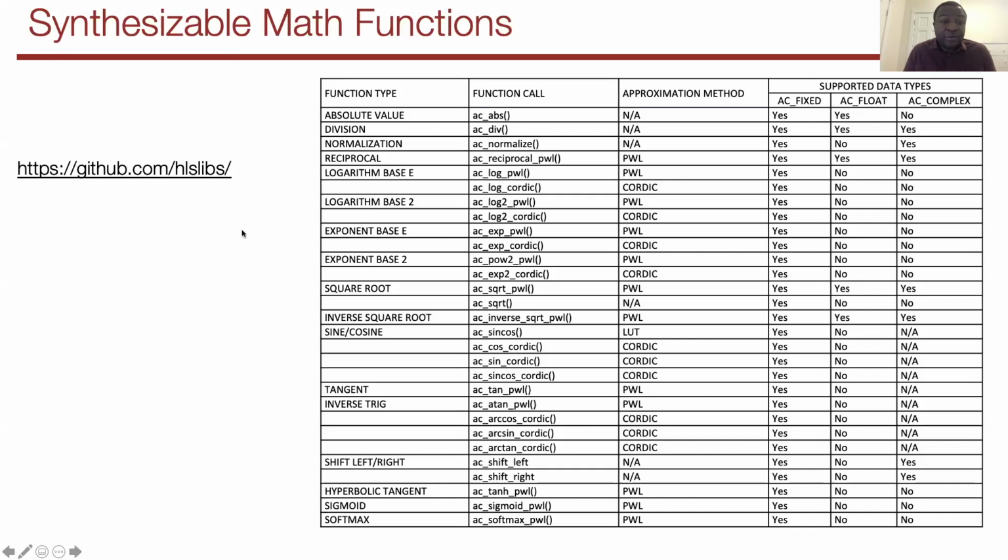Another very useful synthesizable library is called the HLS lib, and this library contains a variety of mathematical functions. Many of the functions available in the non-synthesizable math.h library can be found in the synthesizable HLS lib library. So this can be very useful in addressing many accelerator designs.